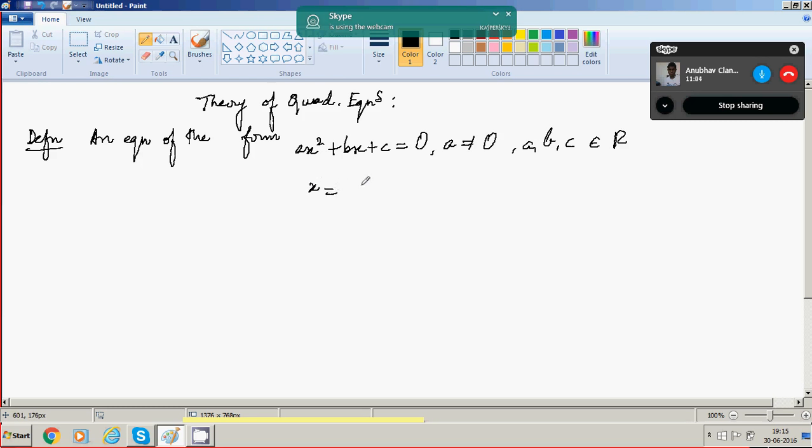the solution is minus b plus or minus root b squared minus 4ac, by 2a.